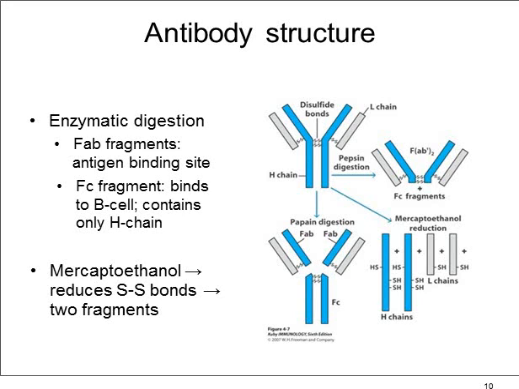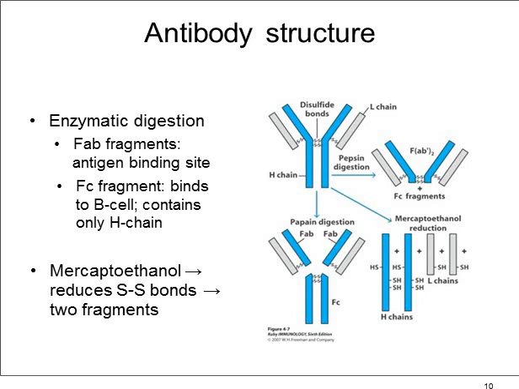We can digest antibodies using enzymes to allow us to investigate their properties more thoroughly. We produce Fab fragments and Fc fragments when undergoing pepsin digestion. So first of all, the Fab fragments are the antigen binding sites. So if you digest this structure with pepsin, it will give you Fab fragments and an Fc fragment.